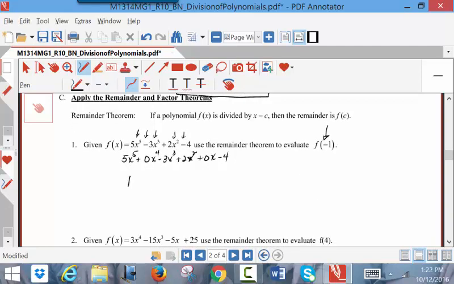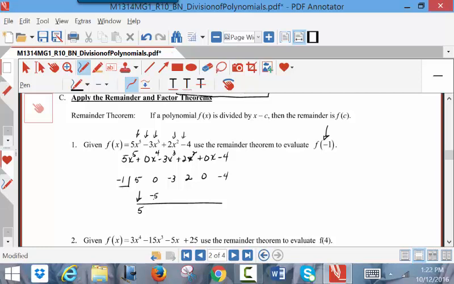So now with synthetic division, I put a negative 1, I have a 5x to the fifth, a 0x to the fourth, a negative 3x cubed, a 2x squared, a 0x, and a negative 4. Now I'm ready for my synthetic division. Okay, multiply, add, multiply, add, multiply, add. Negative 1 times 5 is negative 5.